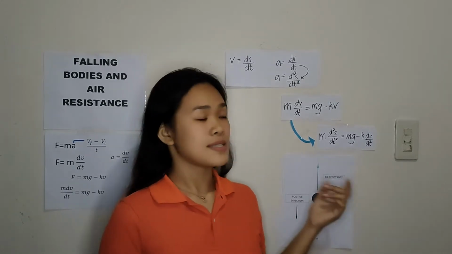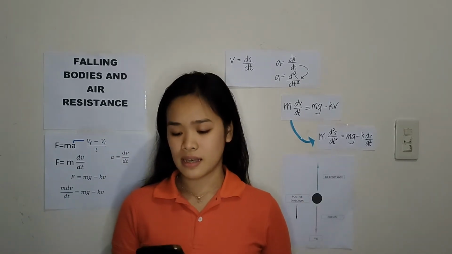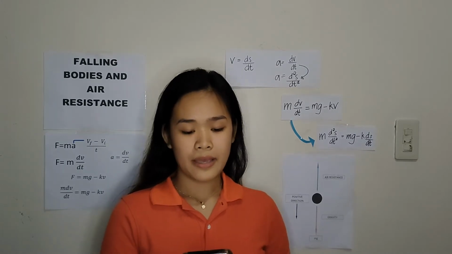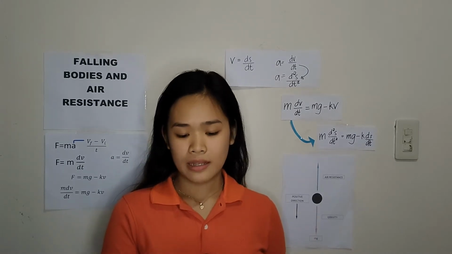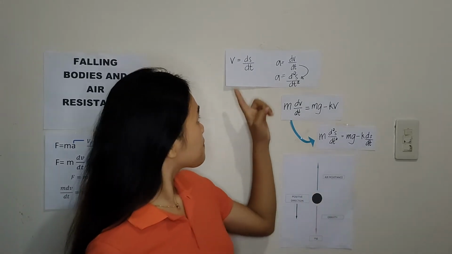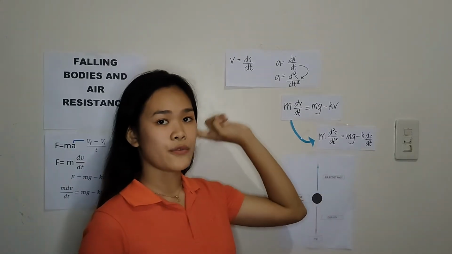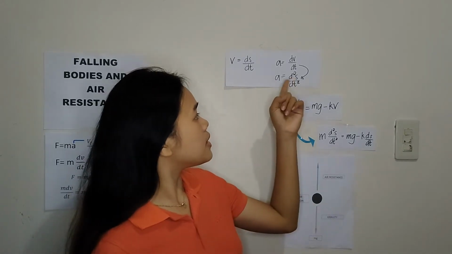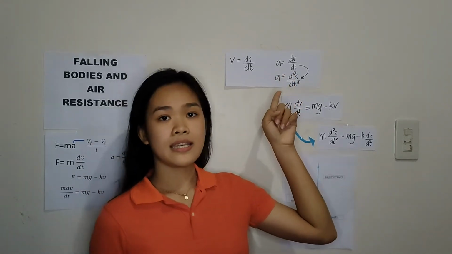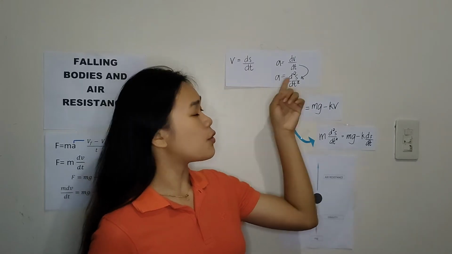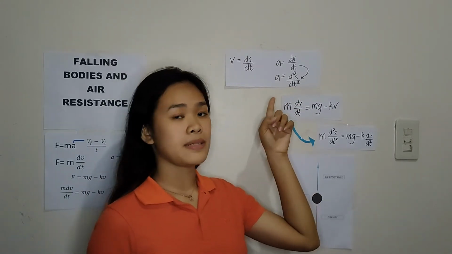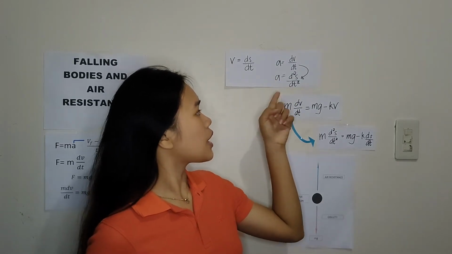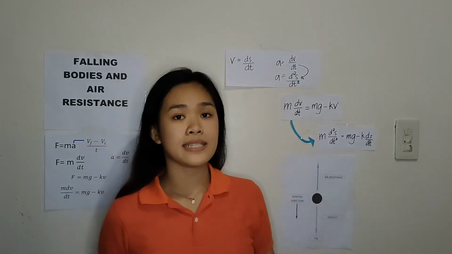So if s with respect to t is the distance the body falls in time t from its initial point of release, then v is equals to ds over dt. And acceleration will be dv over dt. Kukunin natin ngayon yung second derivative niya, a is equals to second derivative of s over dt squared.